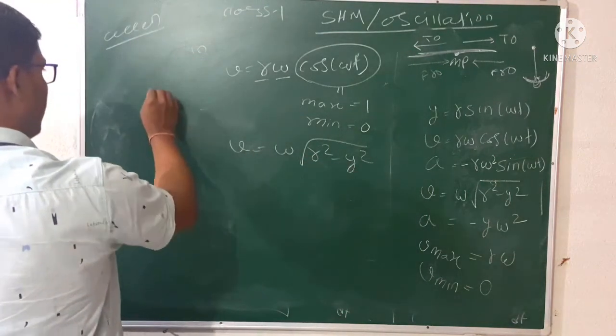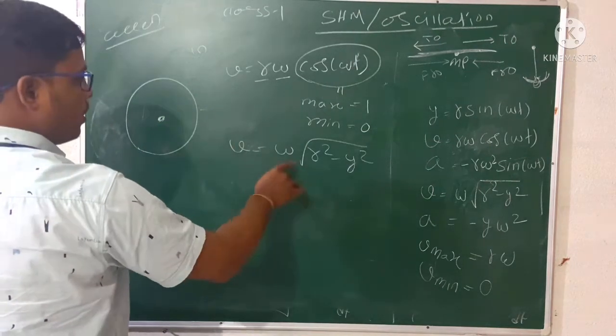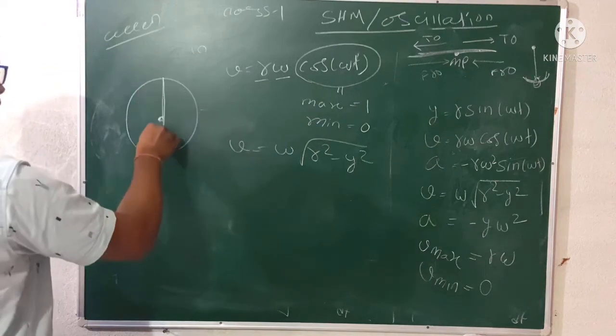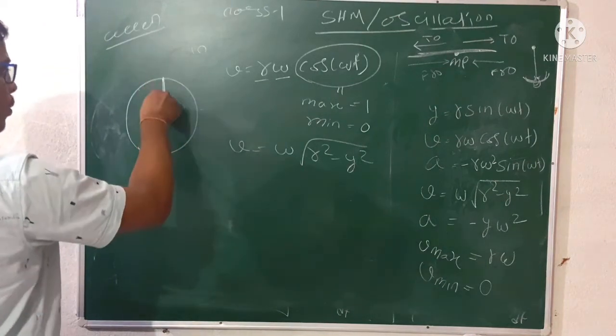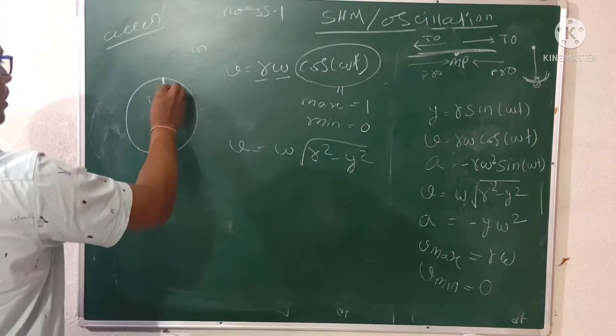If you look at the circular path from where we discussed the position, the particle is moving in this path. This is to and fro, moving upward, then moving downward.